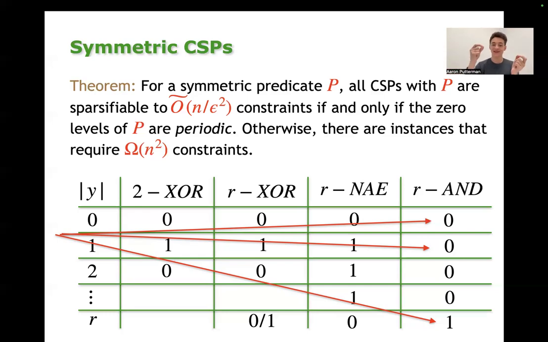So in this sense, the zero levels are not periodic, because there's somewhere a violation of the periodicity. And it turns out that this is exactly the reason why it's not sparsifiable. In general, this works for any symmetric predicate. You can just do the simple test to check: are the zeros periodic or are they not?